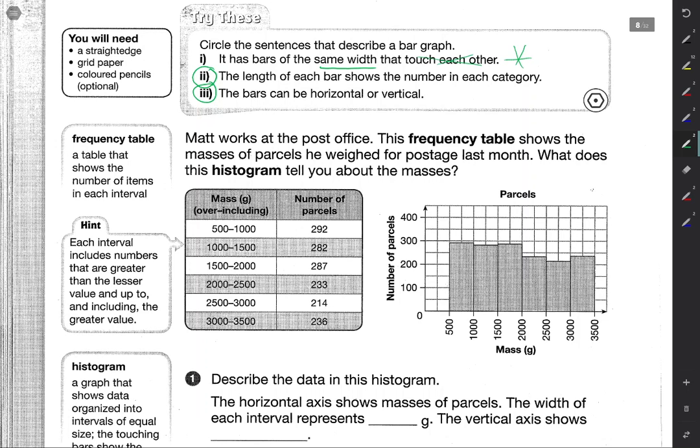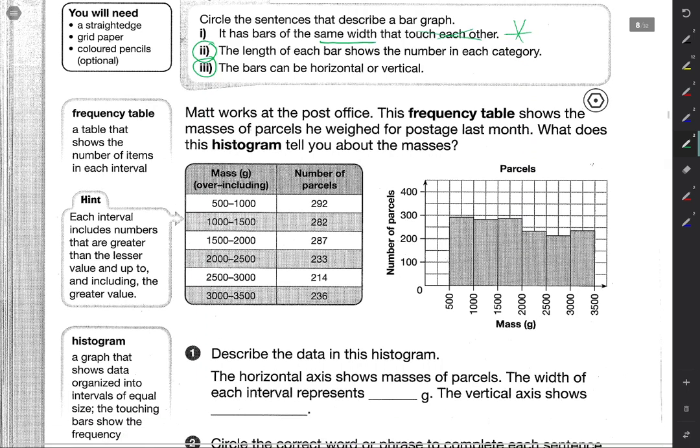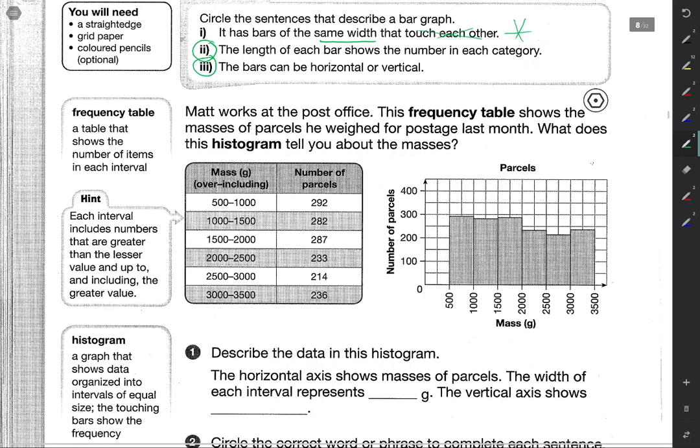Let's look at this example with Matt working at the post office. This frequency table shows the masses of parcels he weighed for postage last month. What does this histogram tell you about the masses? So I just want to show you here, this is what I mean by continuous variables.